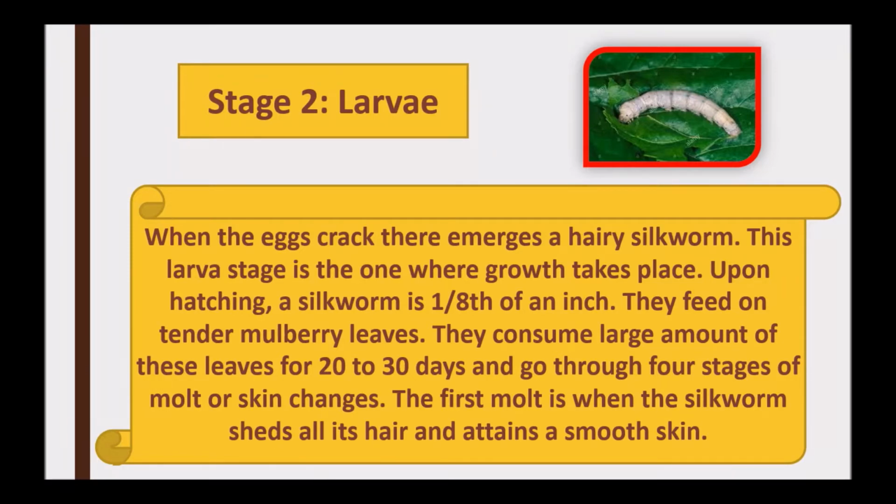They feed on tender mulberry leaves. They consume large amounts of these leaves for 20 to 30 days and go through 4 stages of molt and skin changes. The first molt is when the silkworm sheds all its hair and attains a smooth skin.